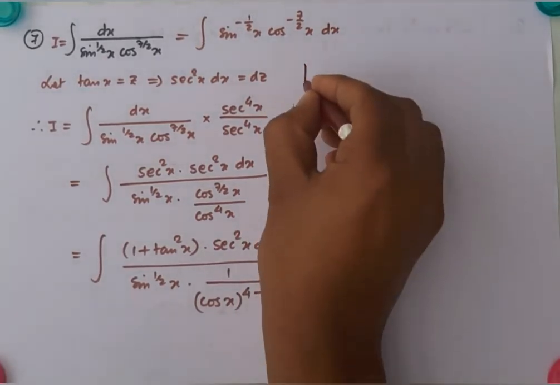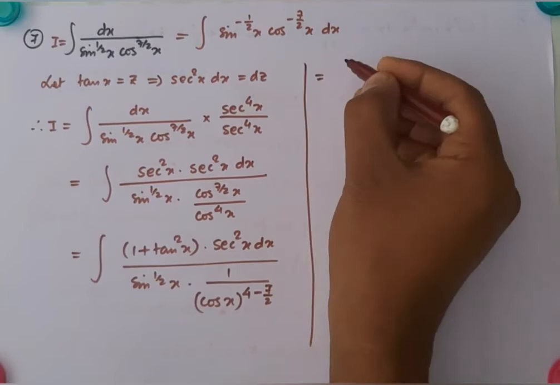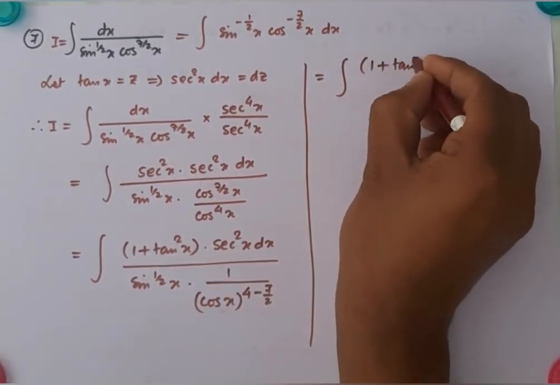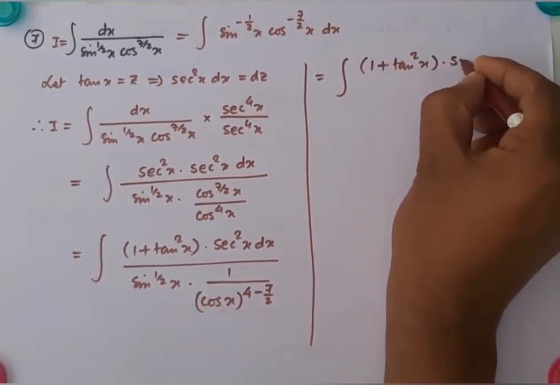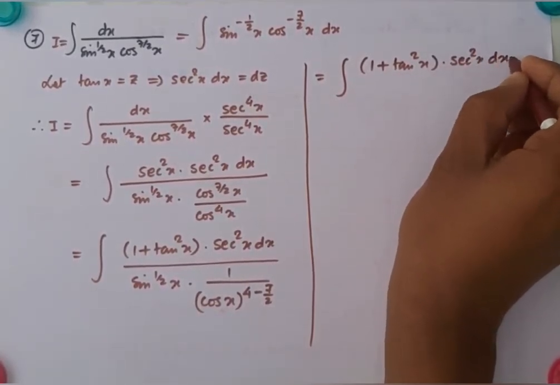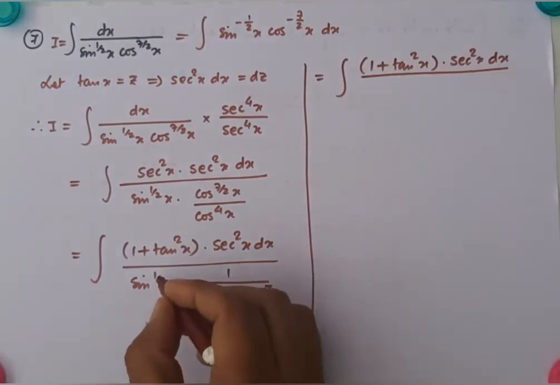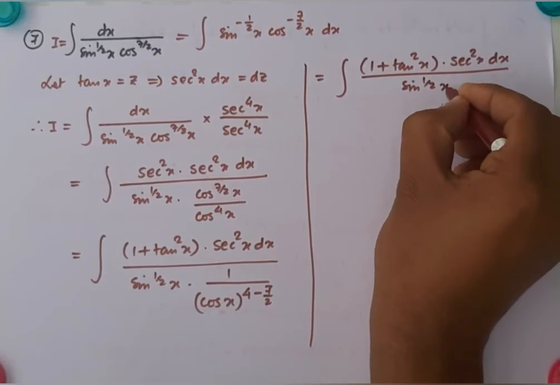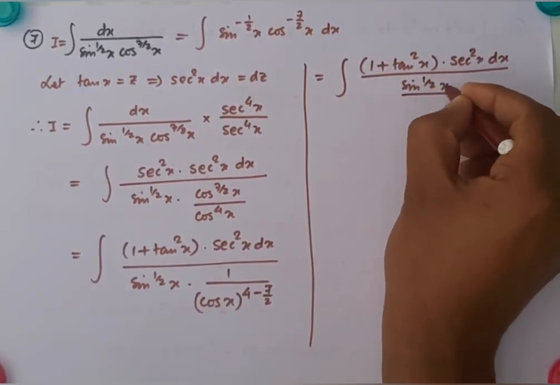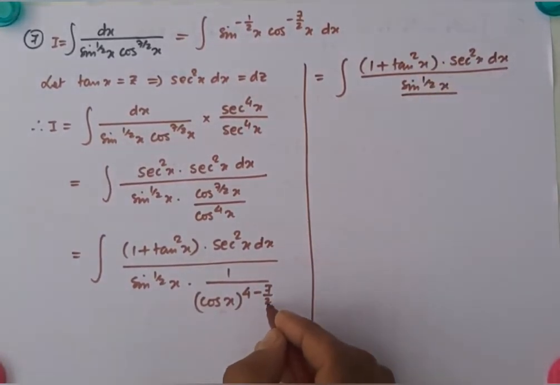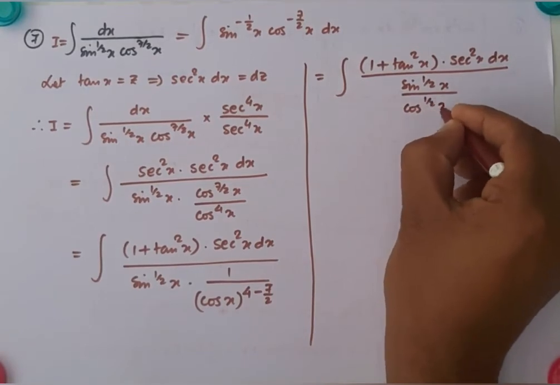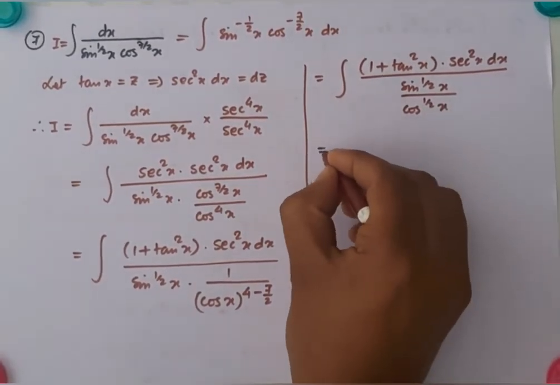So this is equal to, see here carefully, 1 plus tan square x into sec square x dx divided by sine to the power half x, which is already there. Now 4 minus 7 by 2 is 1 by 2, so this becomes cos to the power half x.